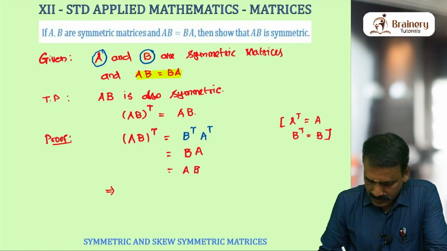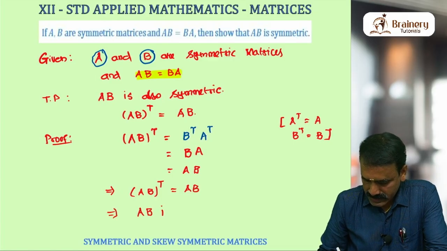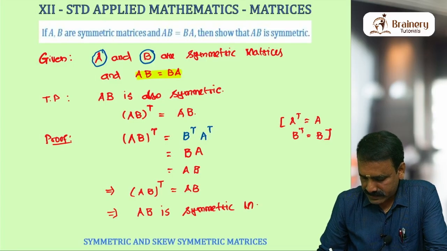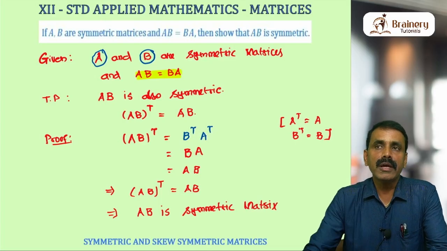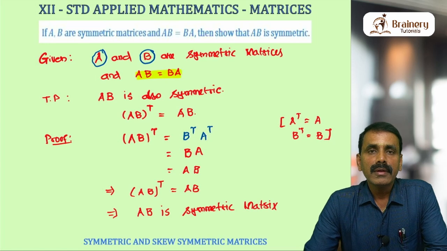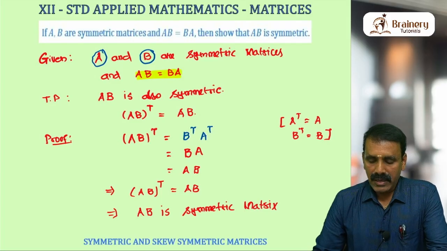We can conclude AB whole transpose is equal to AB, which implies AB is a symmetric matrix. Very simple proof. Here we are using the concept of transpose of a matrix as well as symmetricity of the matrices. Let us solve another problem.